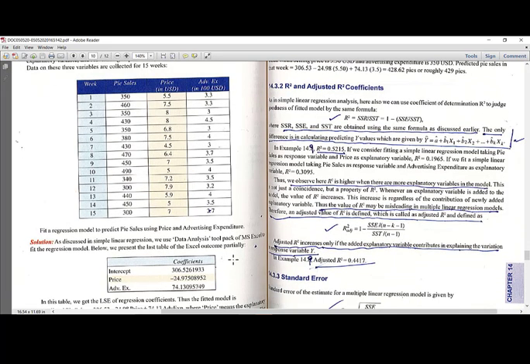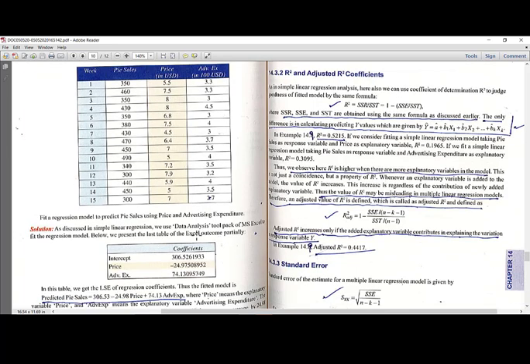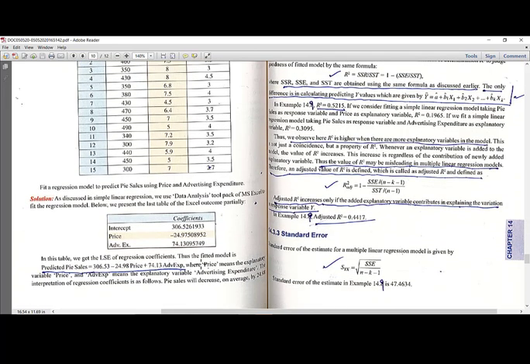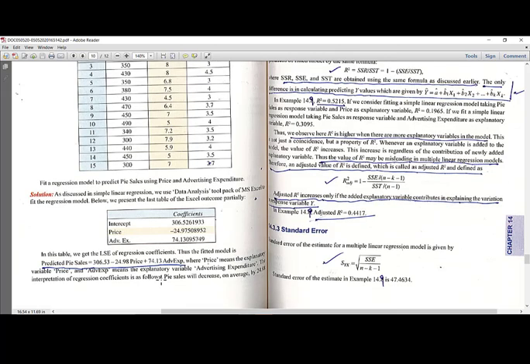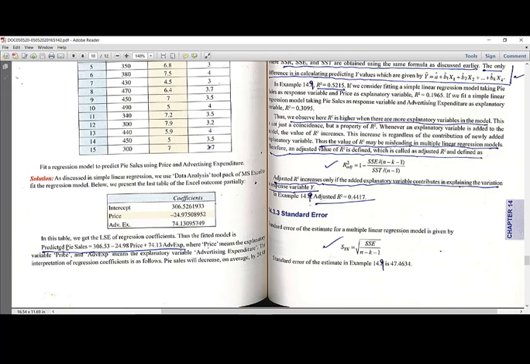Now, carrying on the procedure using the Excel sheet and the data analysis toolpack of MS Excel, the coefficients are calculated like this. Intercept is 306.526193, the coefficient for price is minus 24.97, and the advertising expenditure coefficient is 74.13095749. The fitted model is predicted pie sales, that is y, equal to A, which is 306.53.